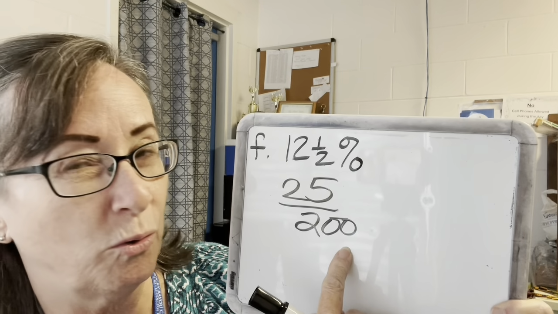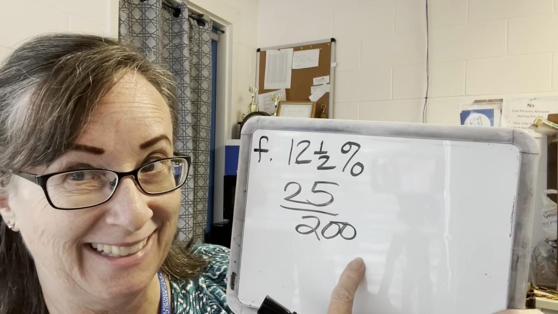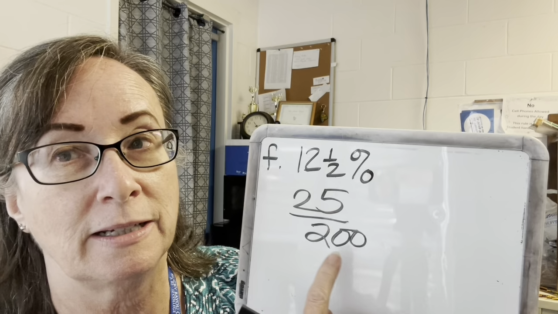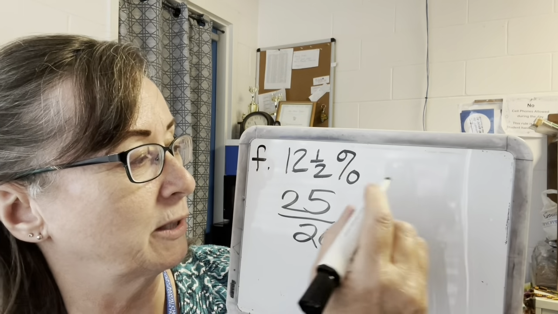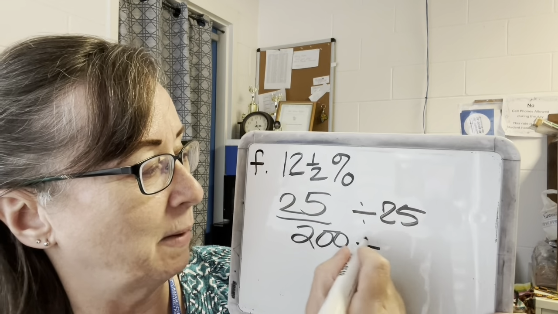Okay, so doesn't every 100 have 25 in it? So we could divide by 5 and divide by 5, but it'd be faster if we just realize 100 is divisible by 25 four times. I said that wrong. 200 is divisible by 25 8 times. Okay, so we're going to divide by 25, and we're going to divide by 25.